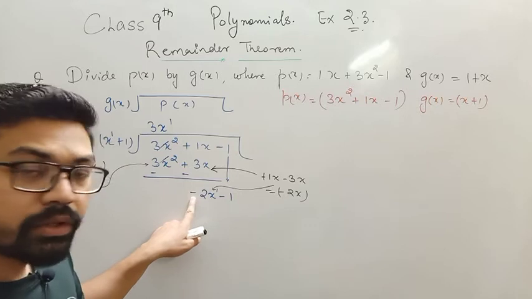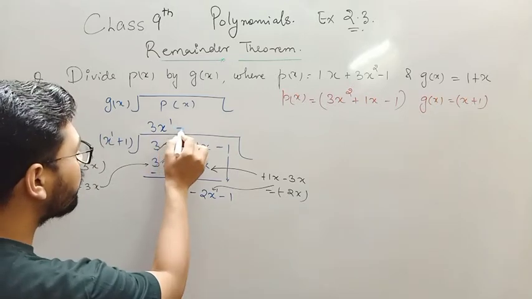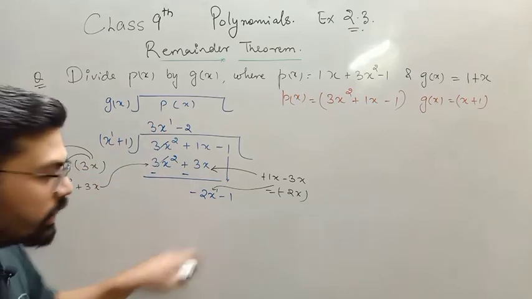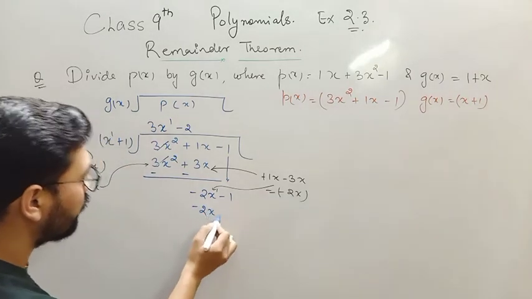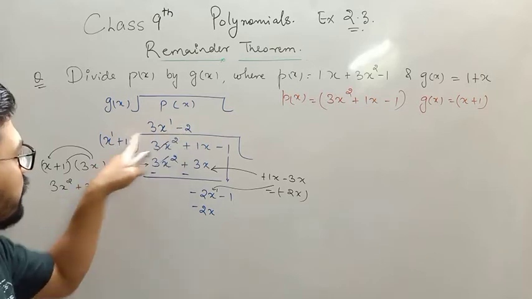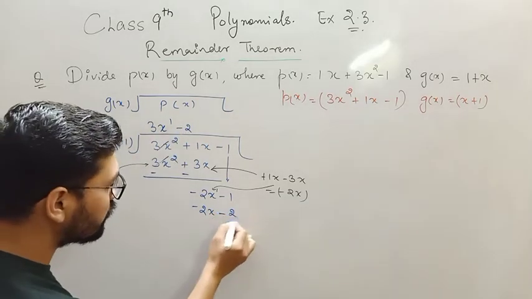Minus 2 is here. So what I need to do is minus 2. So minus 2 into x will give you minus 2x, okay. And minus 1, minus 2 plus 1, minus 2 ones are minus 2.